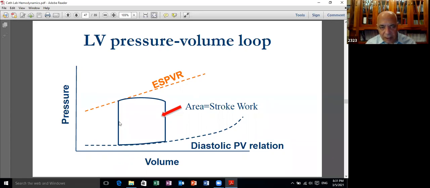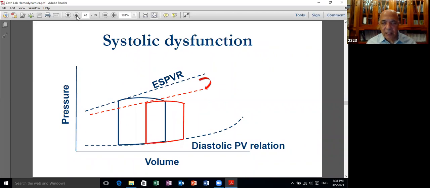Remember, the distance between the isovolumic relaxation and isovolumic contraction is the stroke volume. So the wider the loop, the larger the stroke volume, and the area of the loop is the stroke work. The stroke work is the stroke volume multiplied by the mean arterial pressure. This is the fundamental thing of the loop, and we explain that in extreme detail in the curriculum for heart failure.